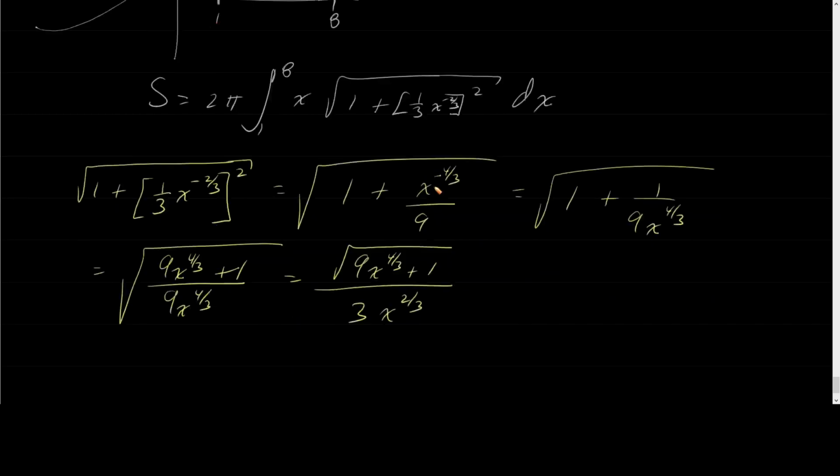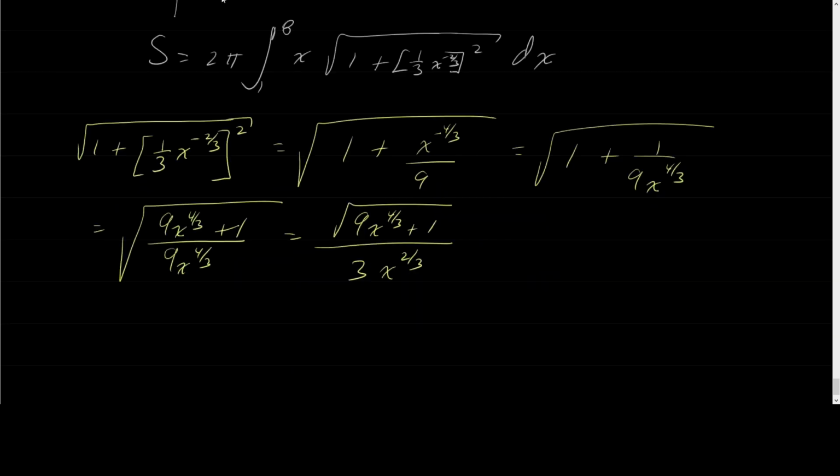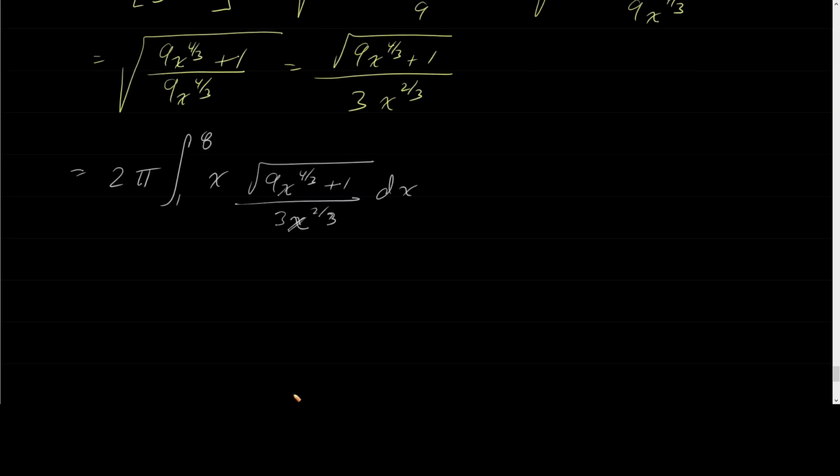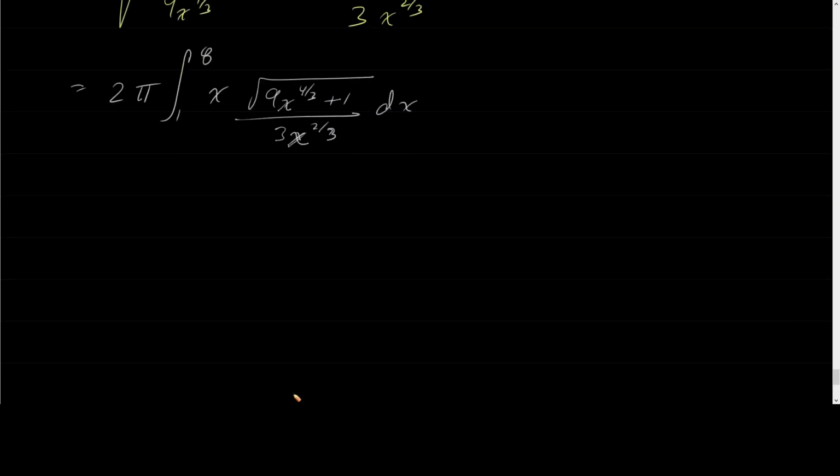So what we can do now is rewrite this integral. This integral becomes 2 pi times the integral from 1 to 8 of x times this fraction, the square root of 9x to the 4/3 plus 1 over 3x to the 2/3, dx. All right, so let's see, what can we do there?